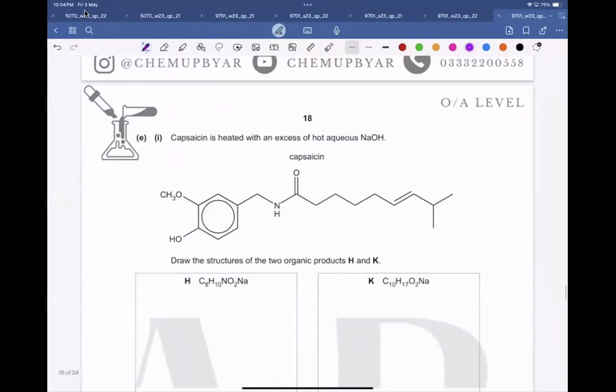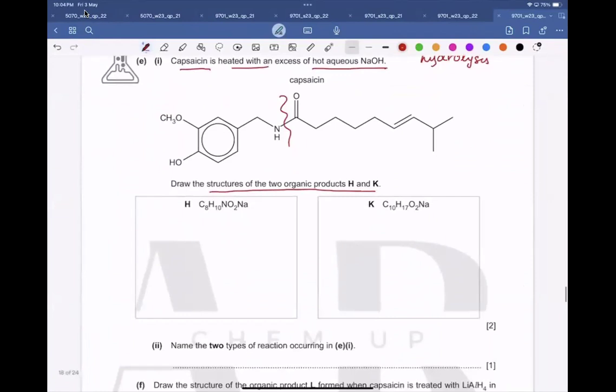Okay. Now, capsaicin is heated with an excess of hot aqueous sodium hydroxide. So this is a hydrolysis, and in hydrolysis the amide or carboxylic acid ester bond is broken. Draw the structures of the two organic products H and K. So it would break down from here.